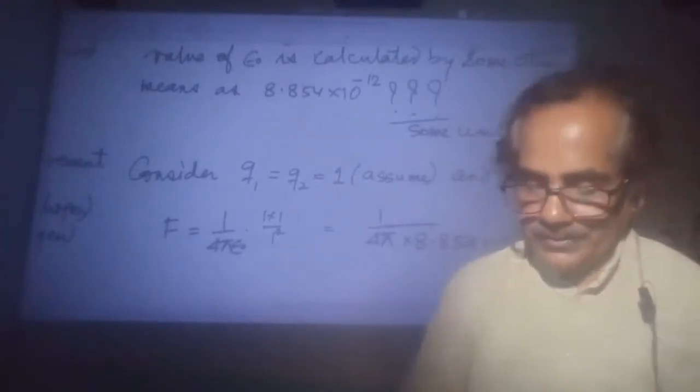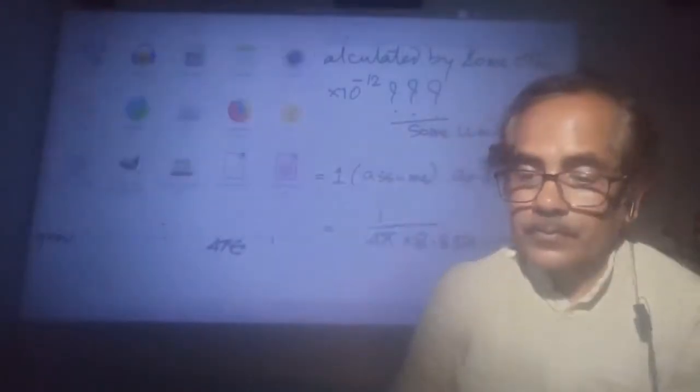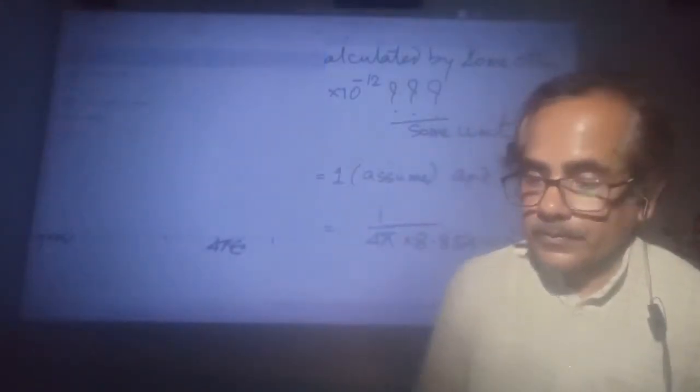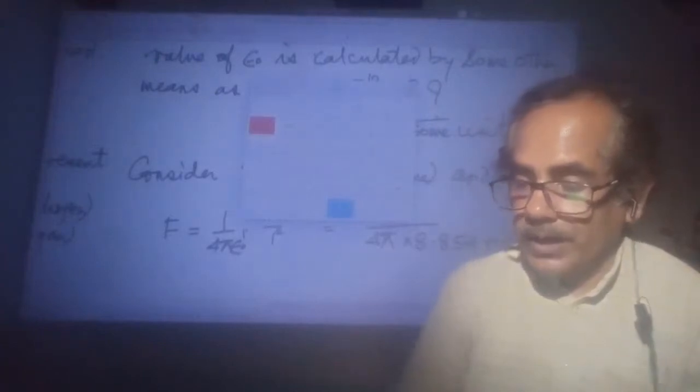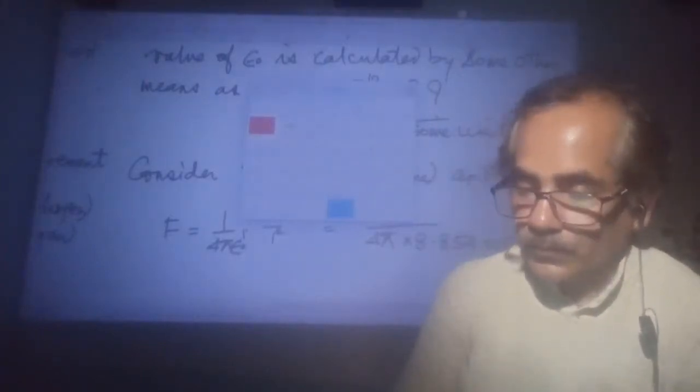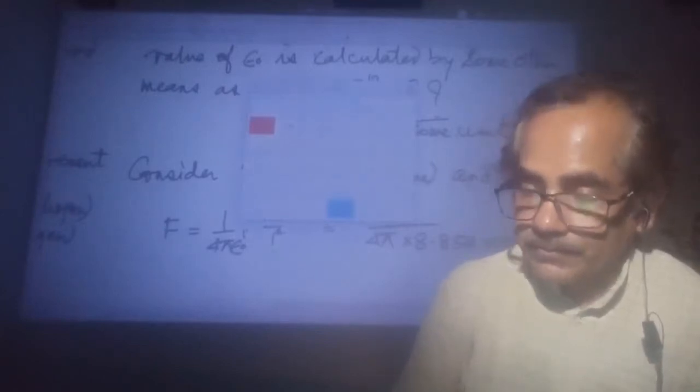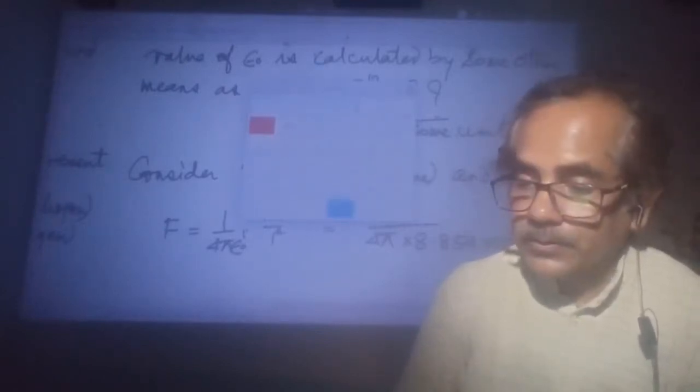Let us calculate it. 7 upon 22, this is 1 upon pi.